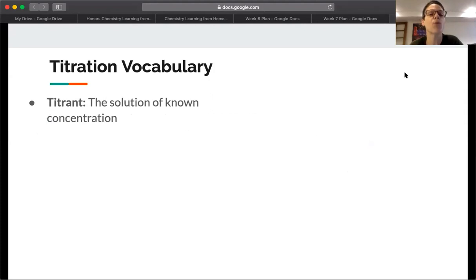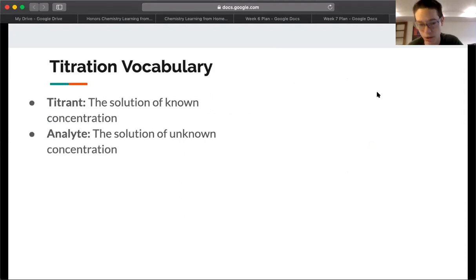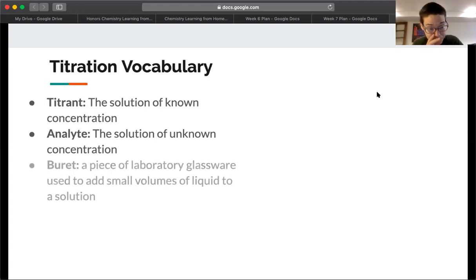Do you remember what piece of equipment you put the known solution in? It's all right. We'll see when the picture comes up if it triggers your memory. The analyte is what we don't know, the unknown.